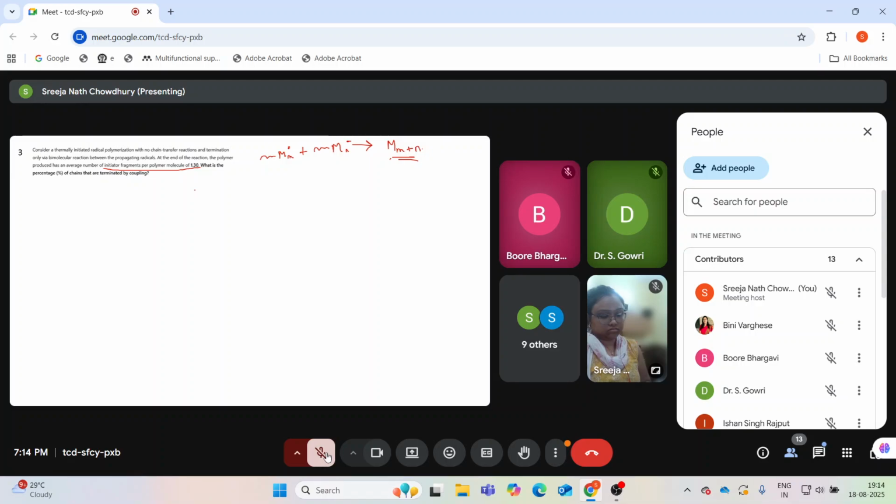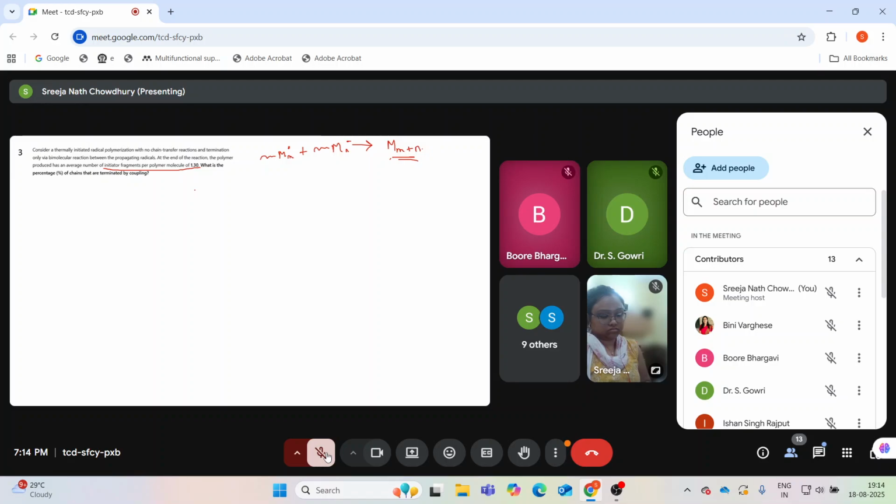Okay. The average number of initiator fragments per polymer molecule, that is B. We have to calculate, B is here 1.30. We have to calculate A, that is the percentage of polymer that has terminated by coupling reaction.